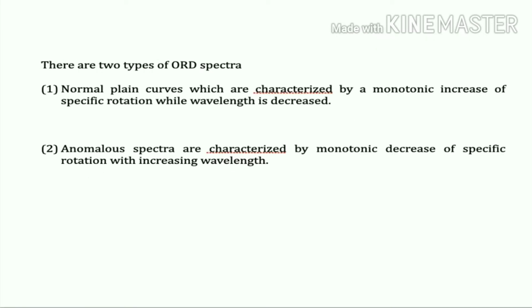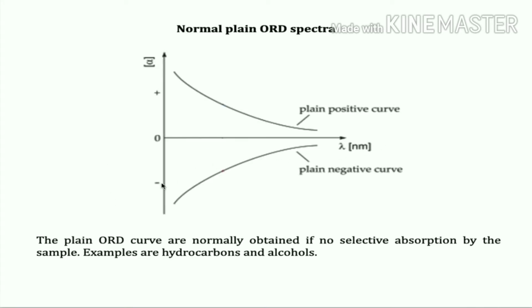And if you come to optical rotatory dispersion, there are two types of optical rotatory dispersion spectra. So that is normal plain curves, which are characterized by a monotonic increase of specific rotation while wavelength is decreased. So this is the normal plain ORD spectrum. So specific rotation, there will be an increase in the specific rotation with decrease in wavelength.